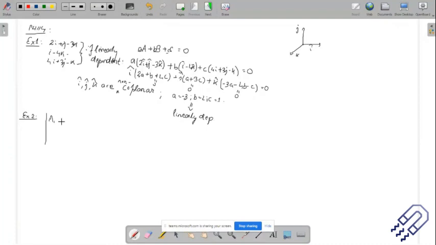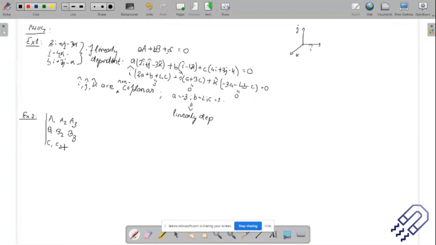So maybe this is a1, this is a2, this is a3, and then b1, b2, b3. So we'll take the coefficients of j, b1, b2, b3, and then we can go for c1, c2, c3.